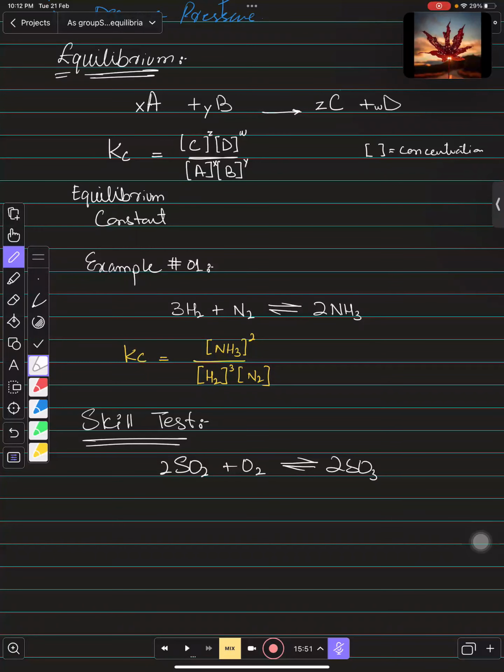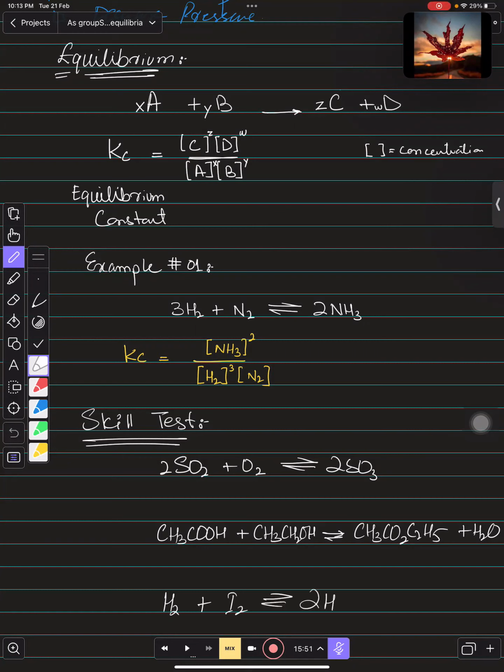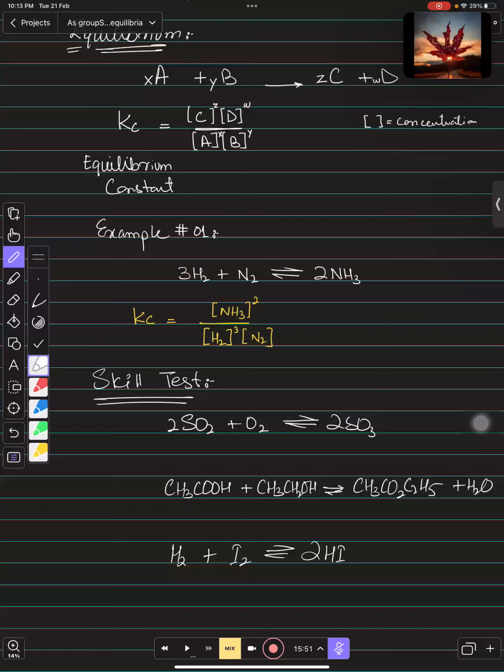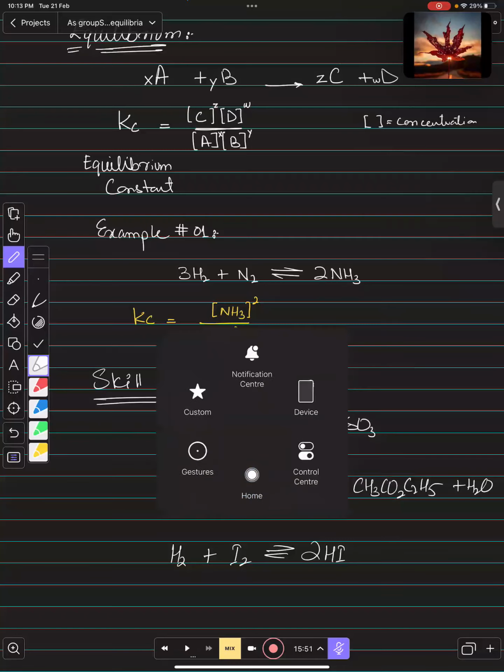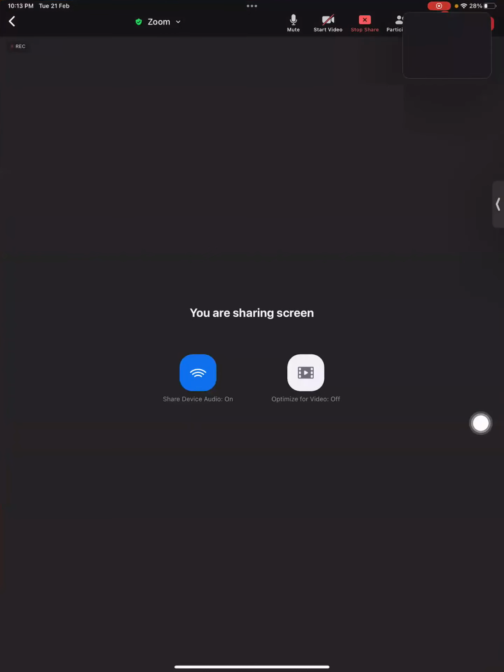And suppose you have CH3COOH reacting with CH3CH2OH would give you CH3COOC2H5 along with a water molecule, right? And also if you have H2 plus I2 gives you 2HI. If we have these 3 equations, bacho, can you write the expression of Kc for these three equations quickly? Just do it quick.